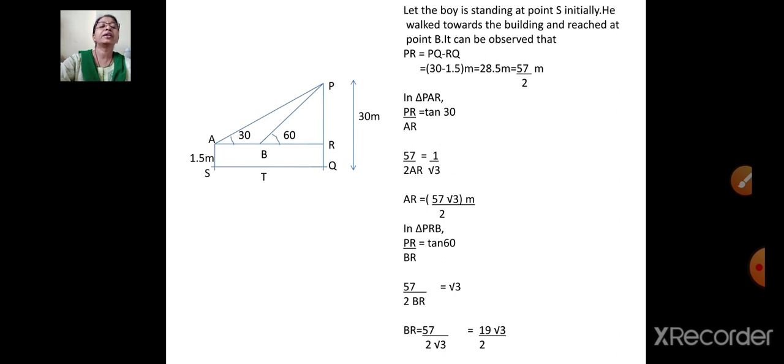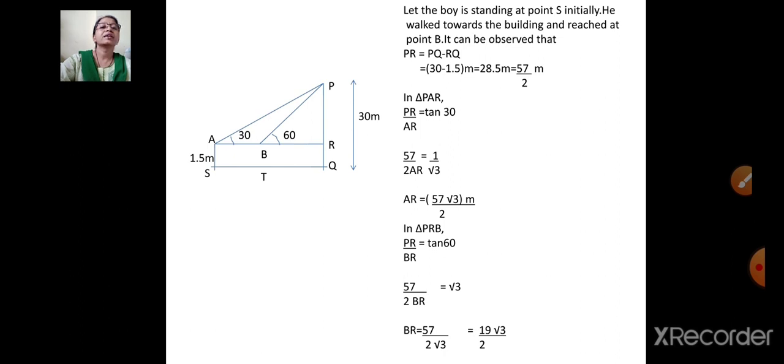We have to find how much distance that boy walks towards the building. Understood? This quadrilateral formed, that is ARQS, is a rectangle. So length AS is 1.5 meter, so its opposite side QR is also 1.5 meter.